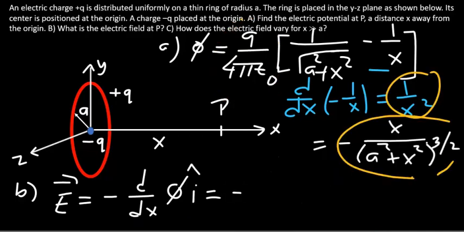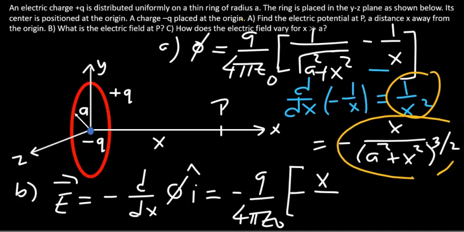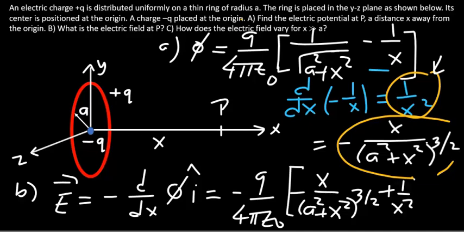Substituting, you get minus that constant q over 4 pi epsilon naught, the derivative of the first term, which is minus x over a squared plus x squared to the power 3 over 2, and the derivative of that second term gives you plus 1 over x squared.